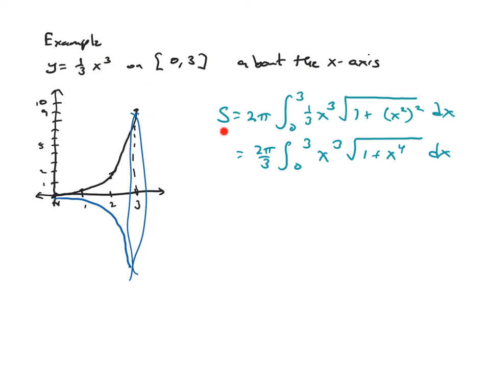So in this case, the surface area, capital S, is equal to 2 pi times the integral from 0 to 3 of my radius, which is 1/3 x cubed, because it is the distance from the axis of rotation, the x-axis, to the curve, times the square root of 1 plus y prime squared. y prime in this case is just x squared, so it's 1 plus x squared, that thing squared. I pulled the 1/3 to the outside and simplified. This is now equal to 2 pi over 3 times the integral from 0 to 3 of x cubed times the square root of 1 plus x to the 4th dx.